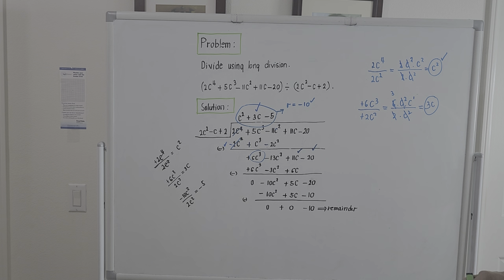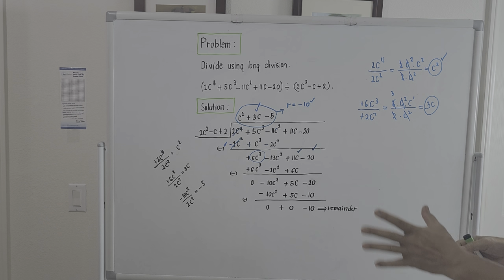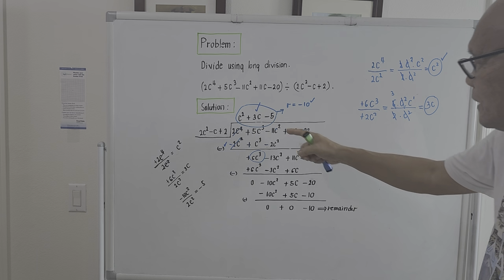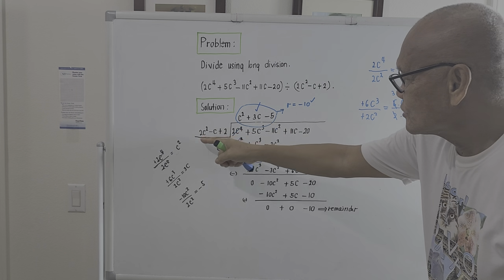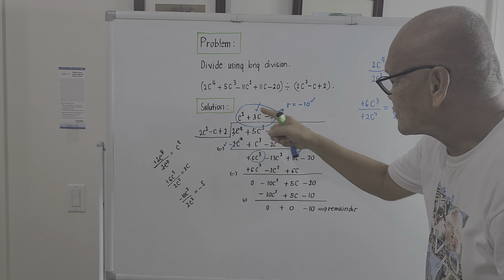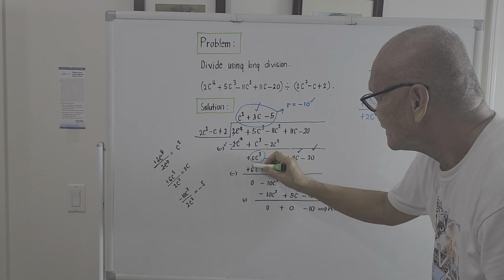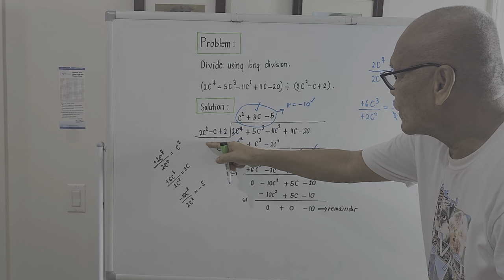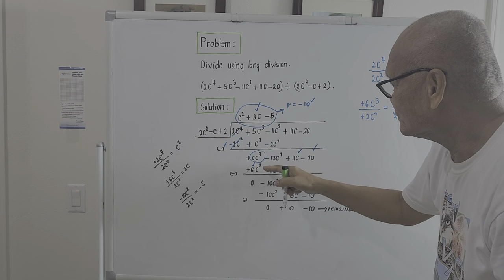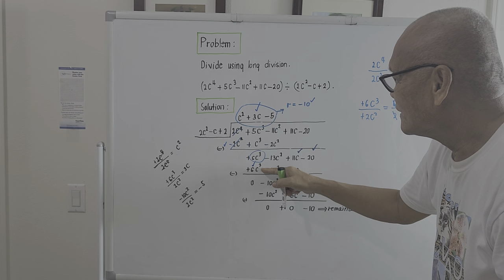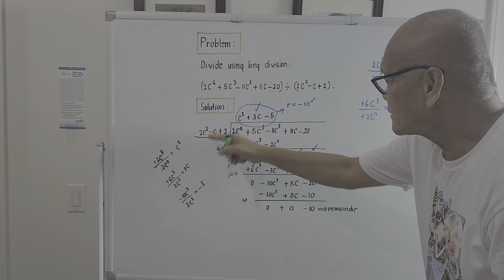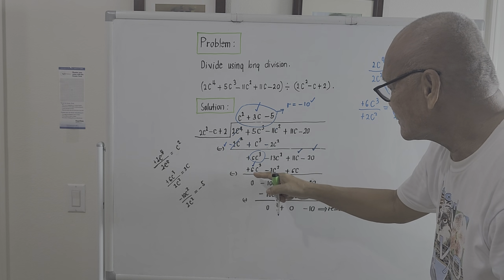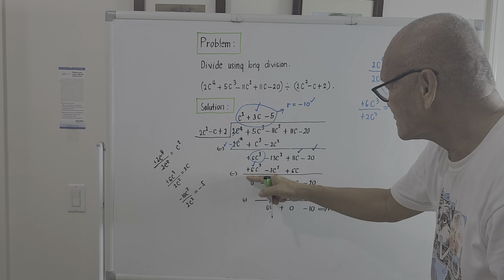Okay? Let's try to multiply by the divisor. 3c times 2c squared, 2 times 3 will be 6, right? A c squared times c will be c cubed. So meaning to say, 2c squared times 3c is actually 6c cubed. It is a plus.